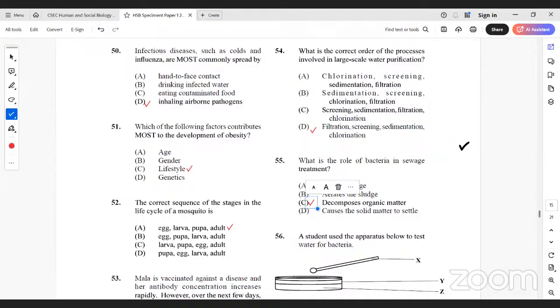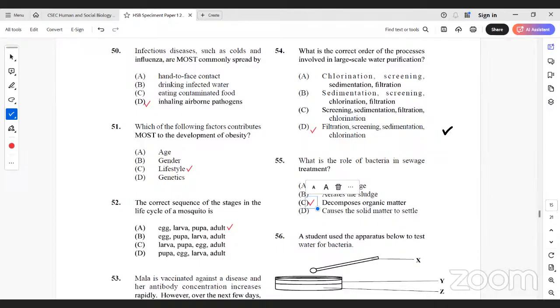Does anyone remember doing that experiment where you mix sand with water and then you have to filter it to basically get clean water? Think of that same process, but large-scale water purification being way bigger. So yes, filtration does come before screening.